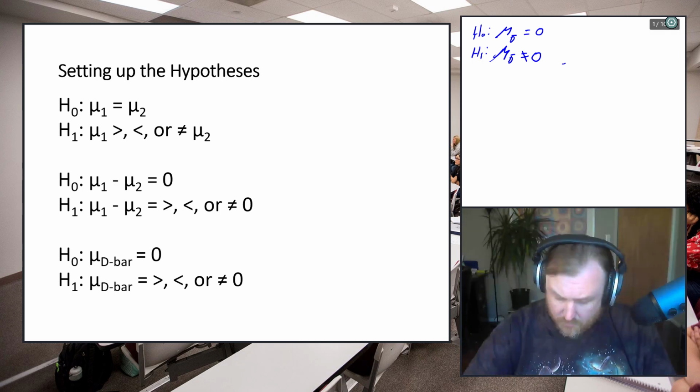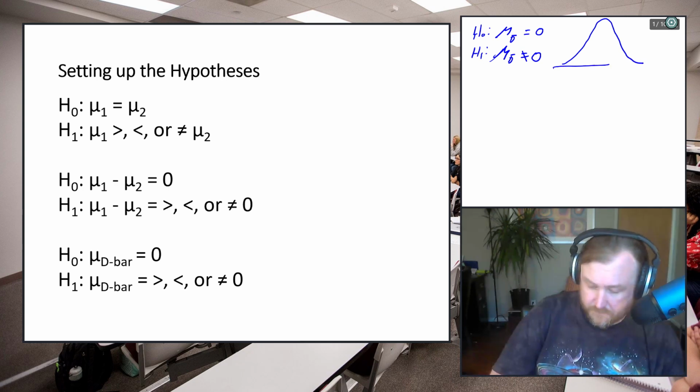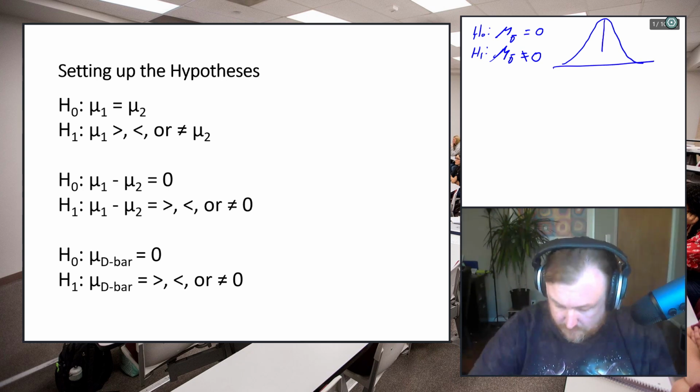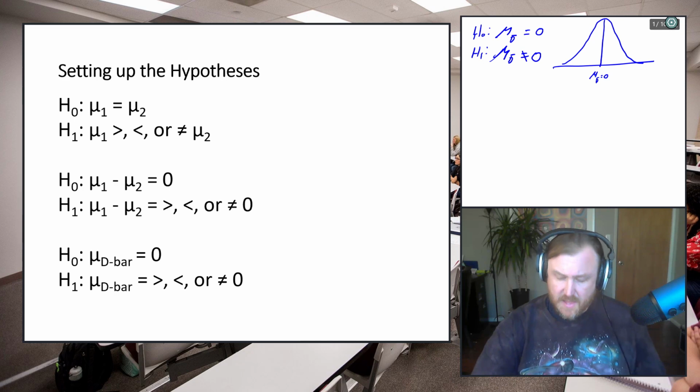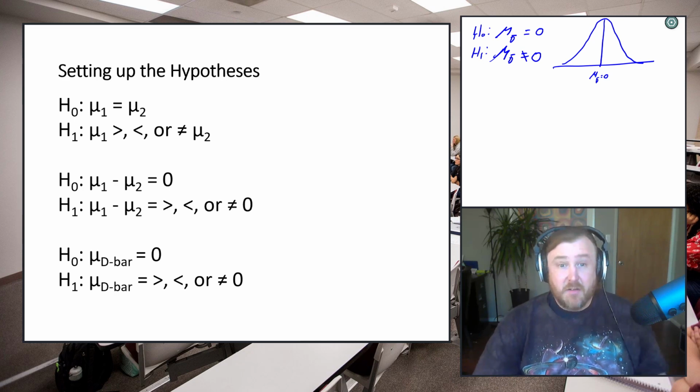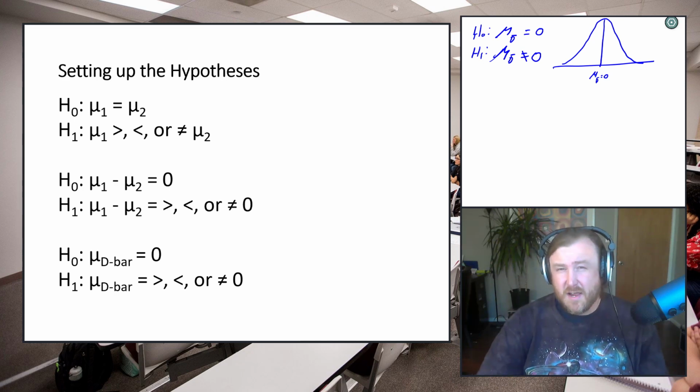And so we'll draw out our normal distribution here. And we say mu of d bar equals 0. And so if you noticed, there was not an alpha level reported in the problem.